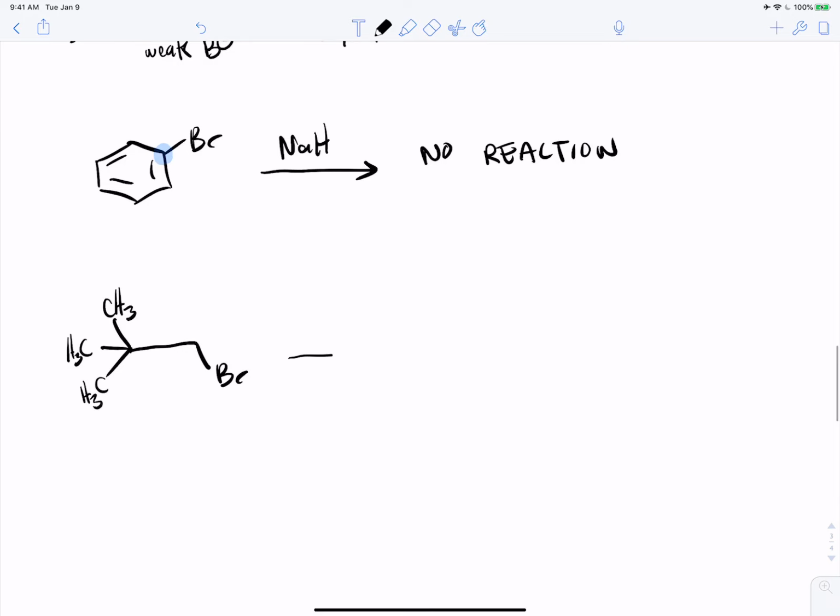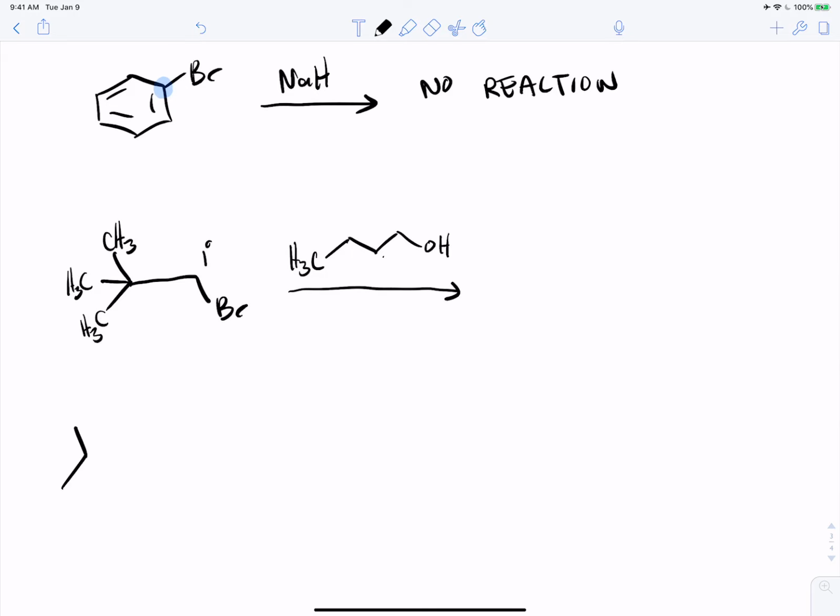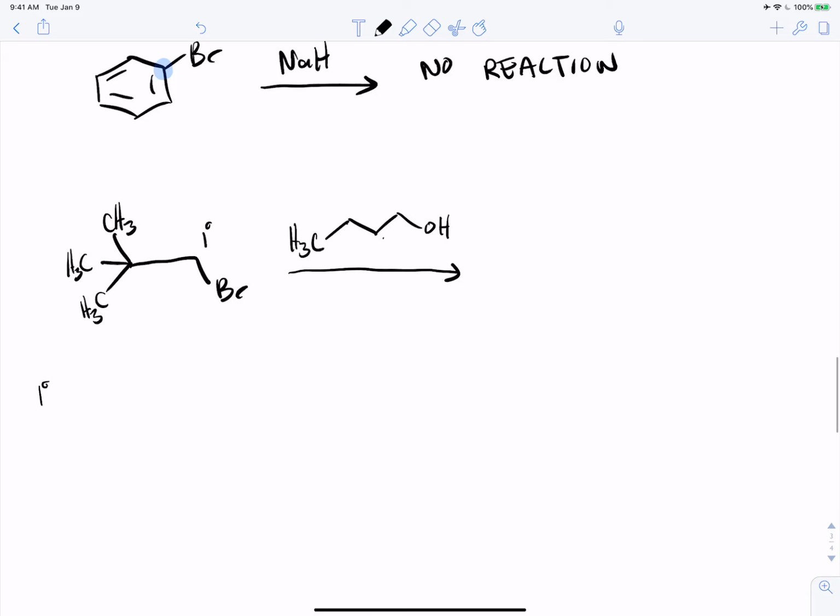All right, so that's our substrate, and then we're looking at doing this in 1, 2, 3, 4 butanol. What's going to be our reaction here? So the first thing we look at is our substrate here as primary. So it's primary, so that's generally going to favor SN2.